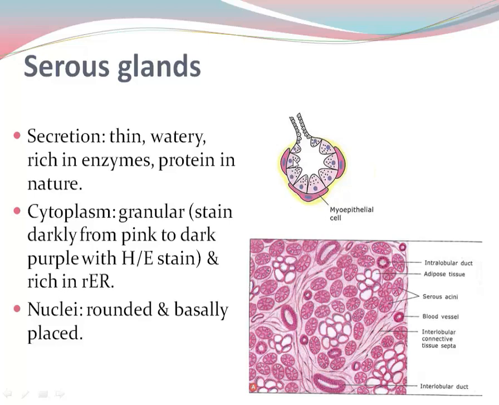You will never see the nucleus directed toward the lumen side; the nucleus is always arranged at the periphery of the acini. So glands which present such structures are called serous glands.